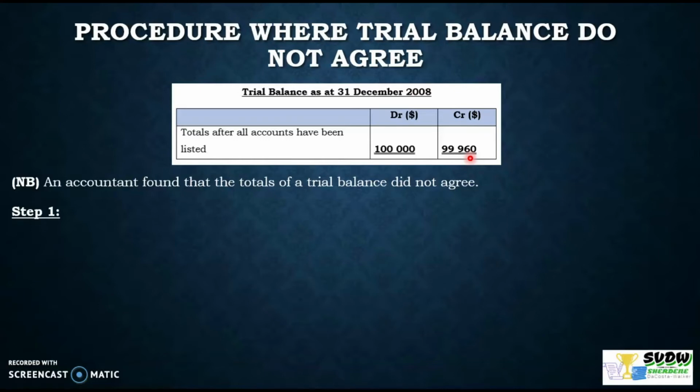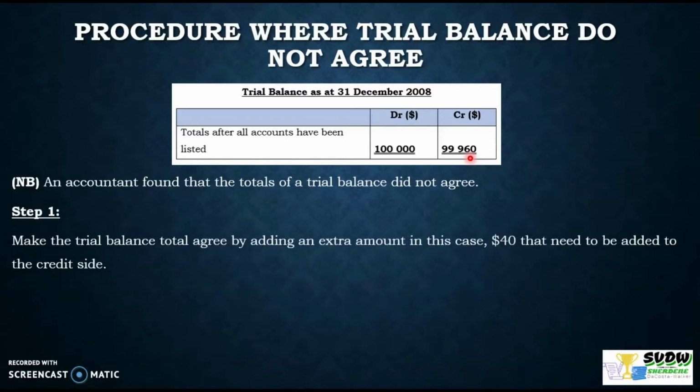The first thing that they're going to do is to make the trial balance total agree. Do you remember what I said was used to make it agree? I hope you do. So we're going to add an extra amount, in this case 40, because the credit side is short by 40 when compared to the debit side.